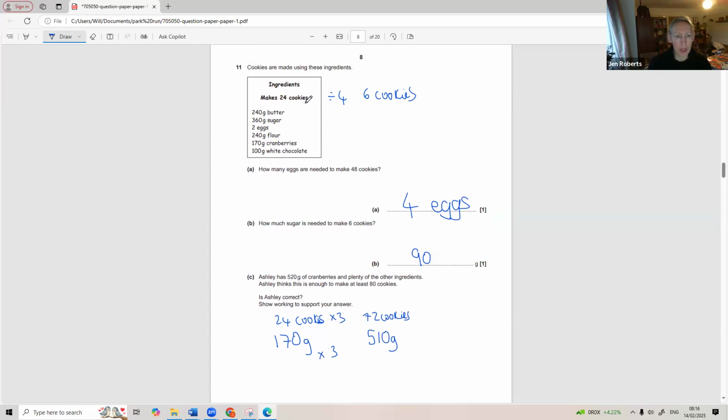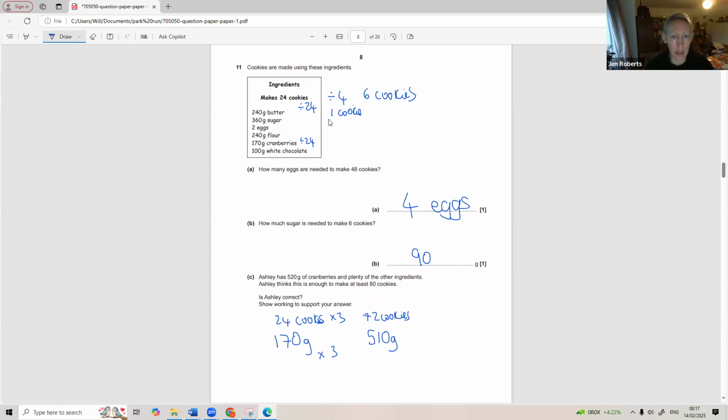Maybe how many cranberries you need for one cookie. So we're working out here. If I divide this by 24, I get a decimal again.